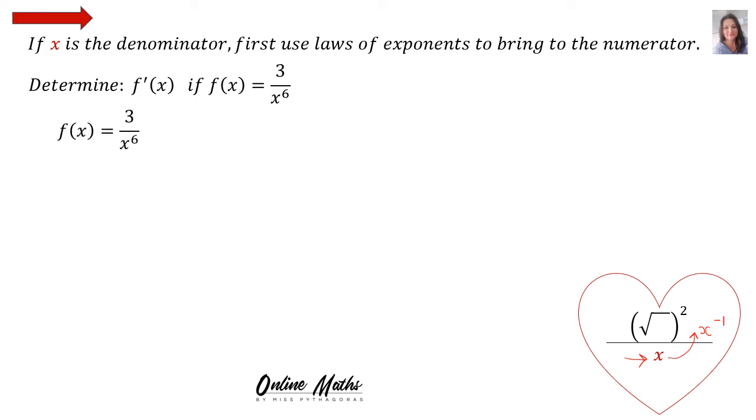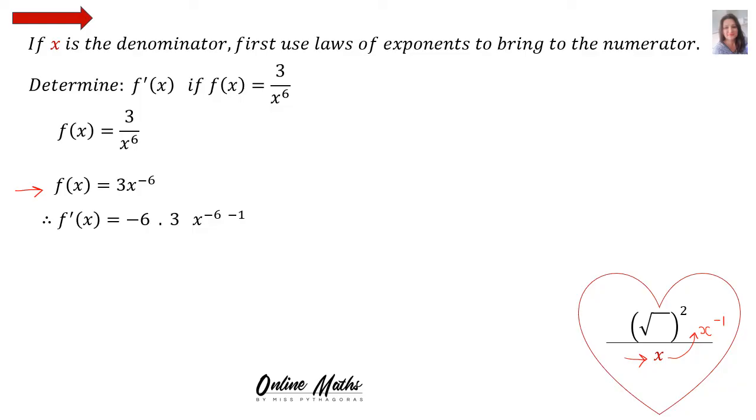So the problem is that there's an x under the line. First, we bring the x to the numerator on top, and then we write it as x to the negative 6. And can you see the notation there? On the left-hand side, it's still f of x. It's only now when you're going to find the derivative that you will write it as f dash x.